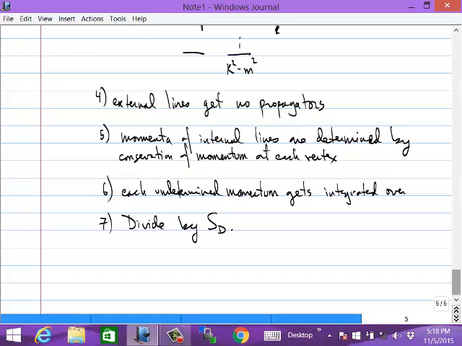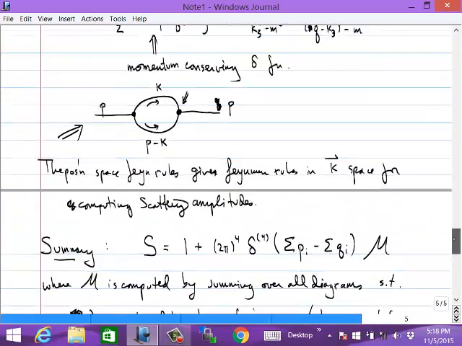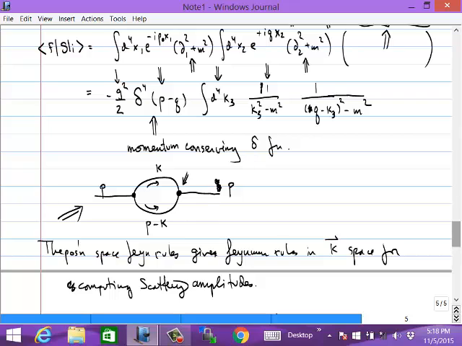I want you to feel completely comfortable with that. I might make one comment on how you should think about the various terms that appear in this Feynman diagram. Let's take this Feynman diagram that I've written here. The story that you tell yourself when you write down this diagram is that you have some incoming particle with momentum p that splits apart into two other particles of momentum k and p minus k.